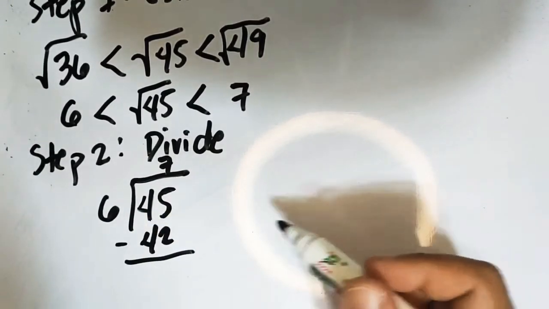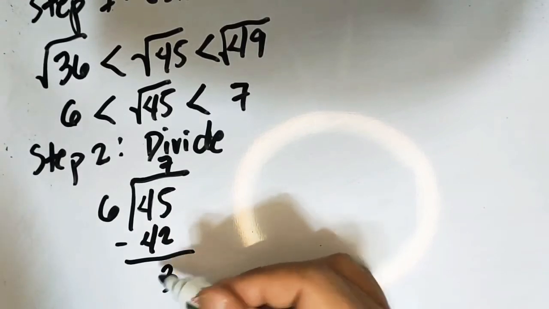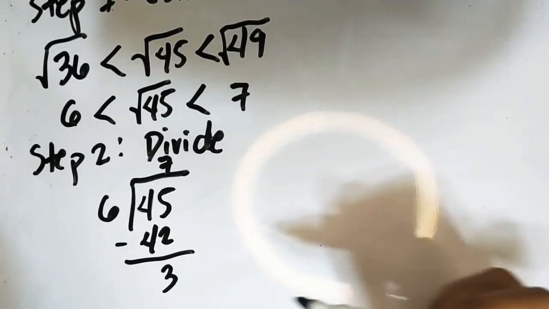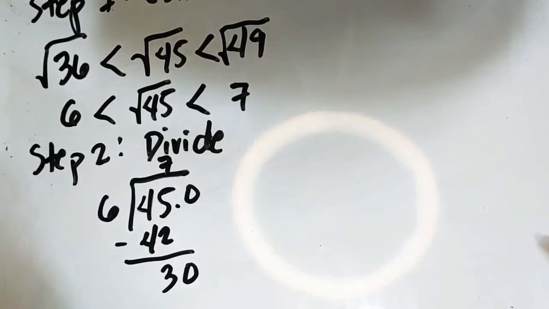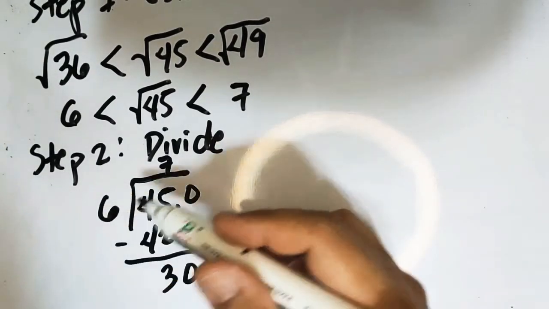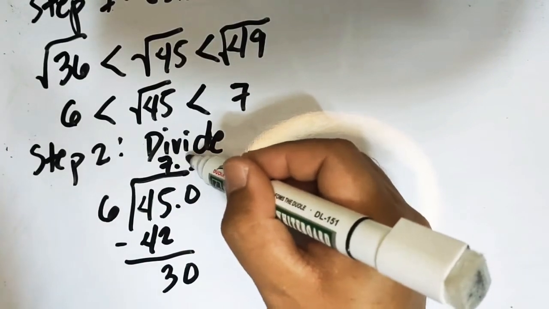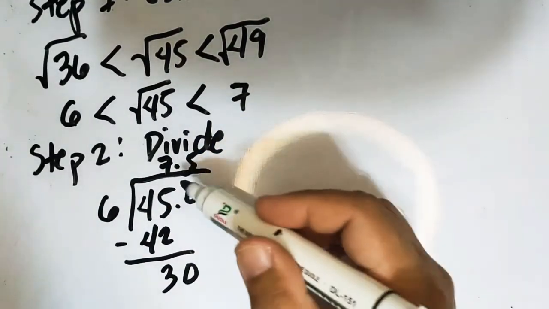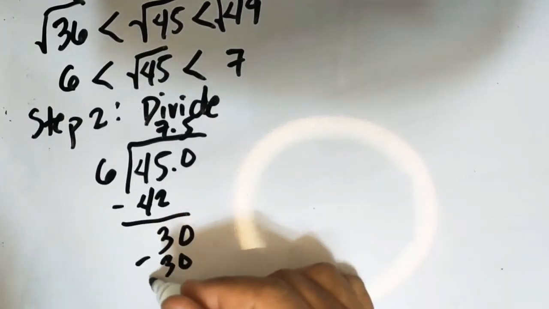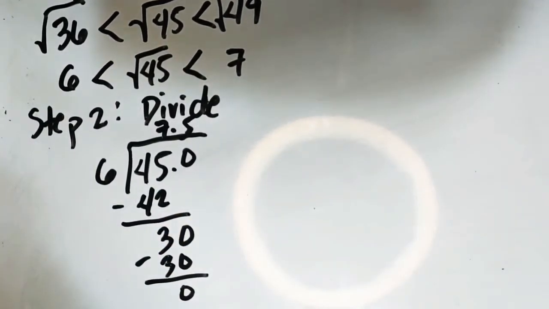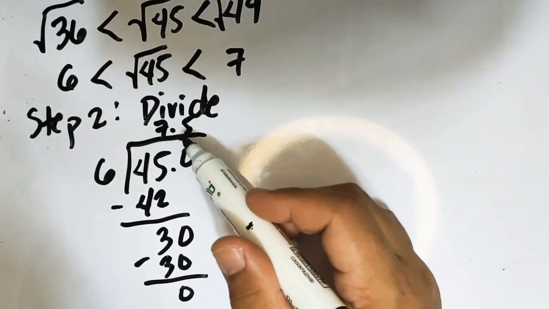Subtract. 45 minus 42 is 3. So, meron pa tayong remainder na 3. So, we will add decimal place, 0. Okay, so we have now 30 divided by 6, that is 5. 5 times 6 is equal to 30. And 30 minus 30 is equal to 0. So now the quotient is 7.5.